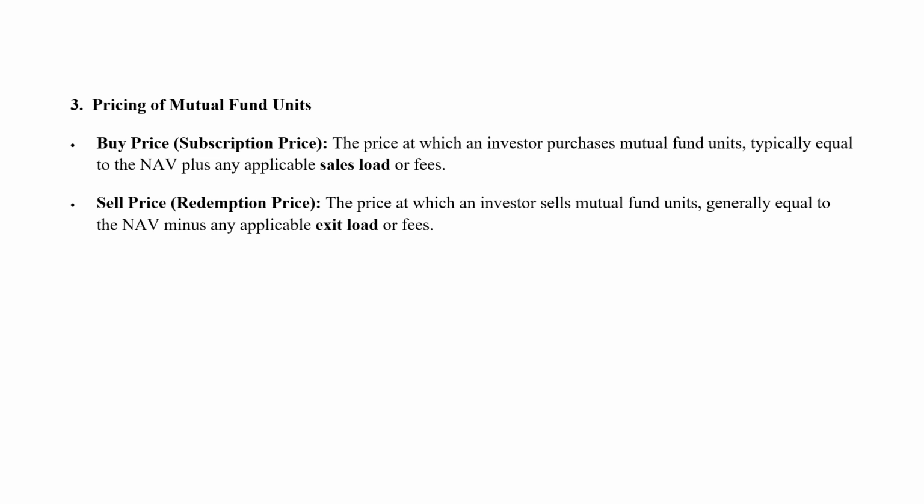This is the way of calculating the pricing of mutual fund units. And this I can consider as forward pricing. Mutual funds also use forward pricing, which means NAV is calculated at the end of each business day, and all purchases and sales are processed at the NAV of the next business day.